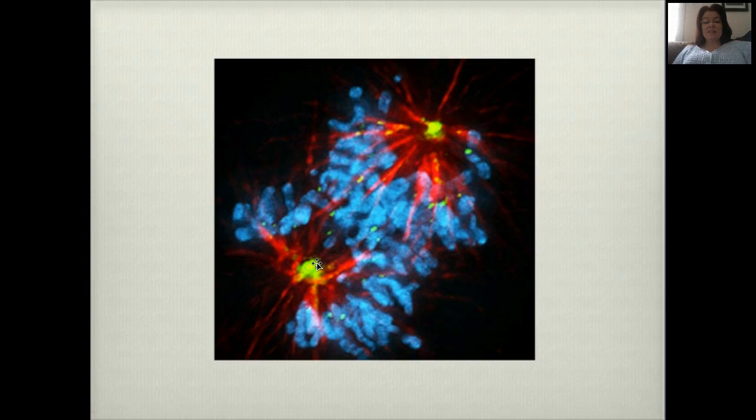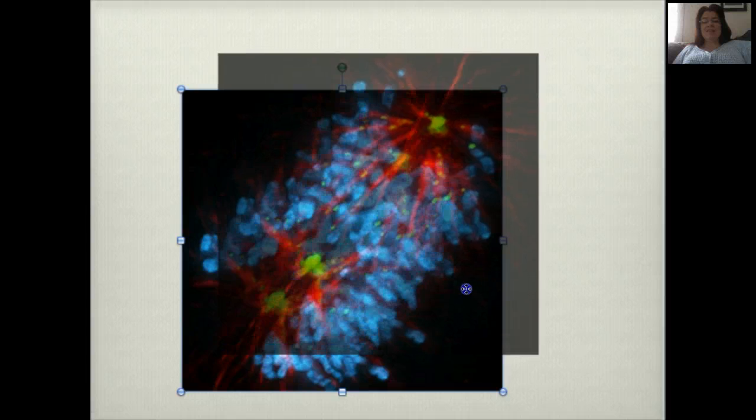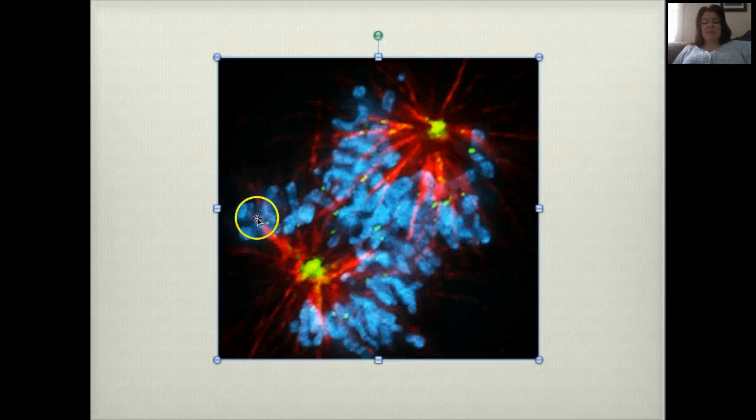So when I look at this slide, I can tell, number one, that we're in mitosis because I can see the chromosomes, and number two, that we're in prometaphase. The chromosomes are no longer enclosed in a nice, neat nuclear envelope. Instead, what we see is they're disorganized and they're just sort of free in the cytoplasm. That's the key that this is prometaphase.